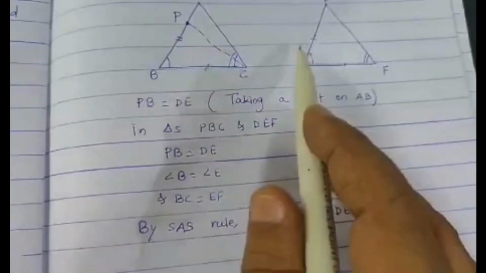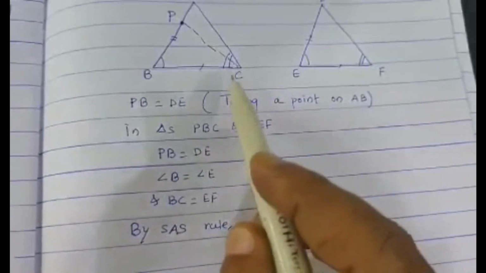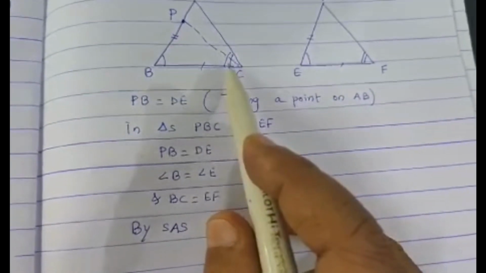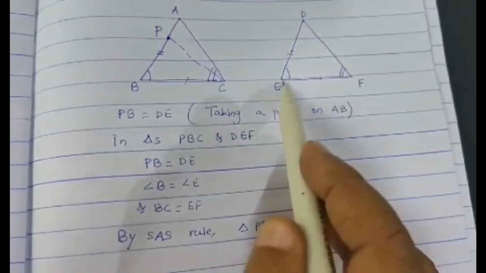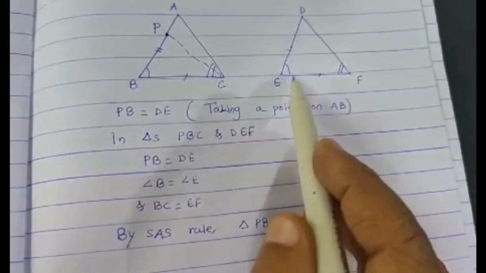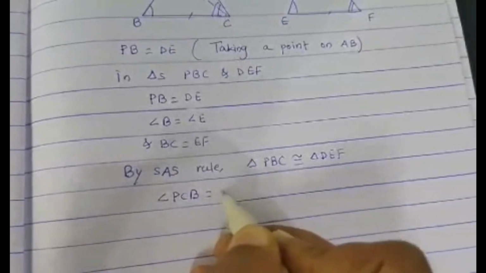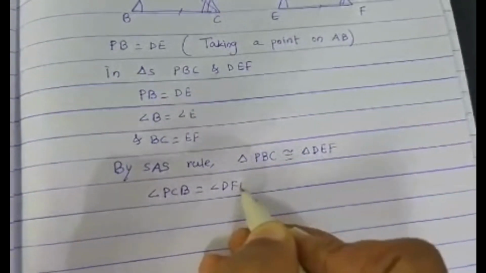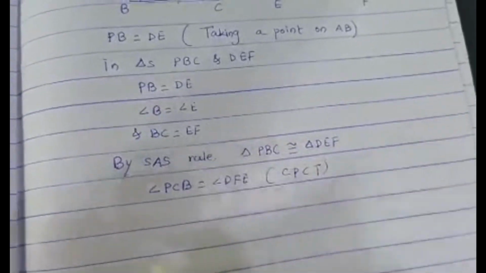Now if these two triangles are congruent, we can say that angle PCB is equal to angle DFE, that is because of CPCT, corresponding parts of congruent triangles.